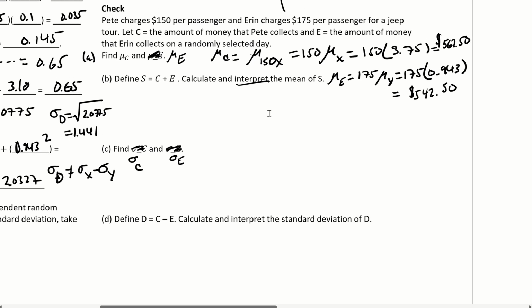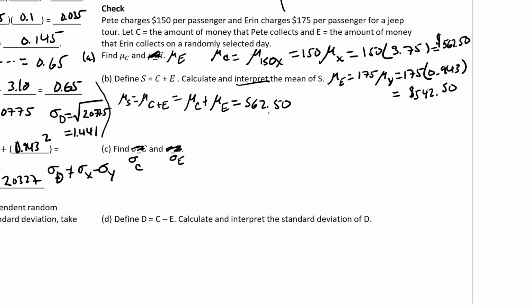And so now for part B, we want to do C plus E. The mu of C plus E, which is mu S, is simply the sum of the two means. So we add them: 562.50 plus 542.50. We get $1,105.